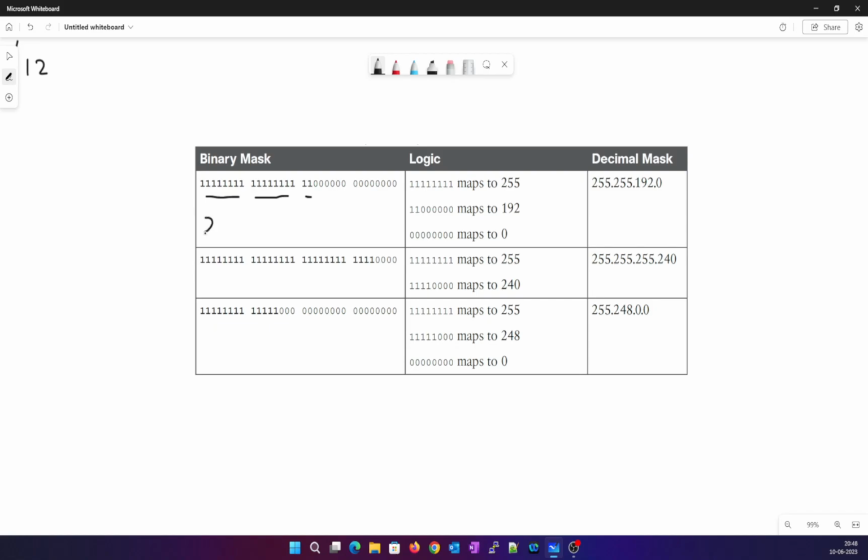The first octet is 255, as we know, if we turn on all the bits to 1. The second octet is also 255. In the third octet, since only the first two bits are on, that makes it 2 power 7 plus 2 power 6, that is 128 plus 64, which makes it 192.